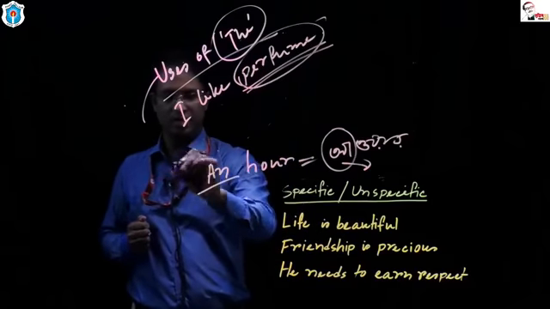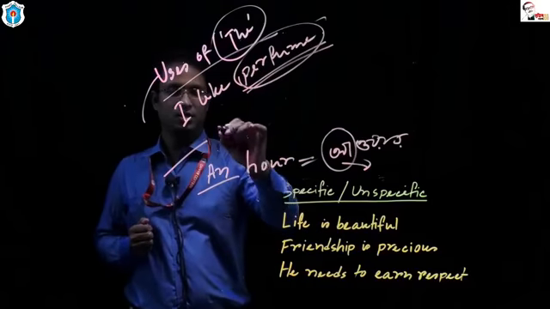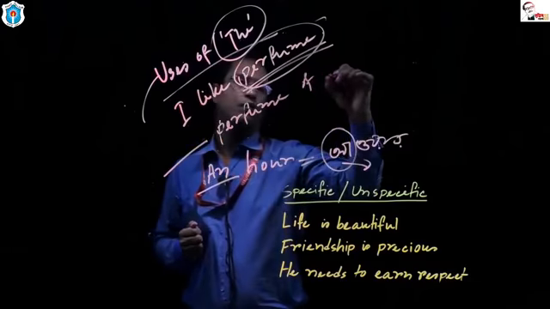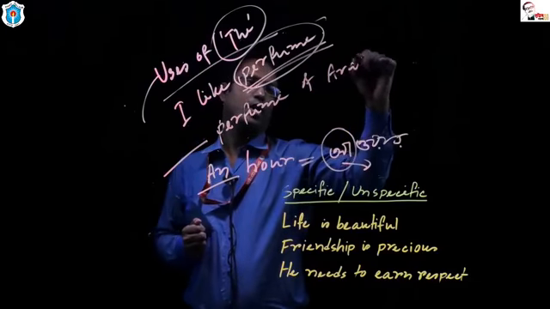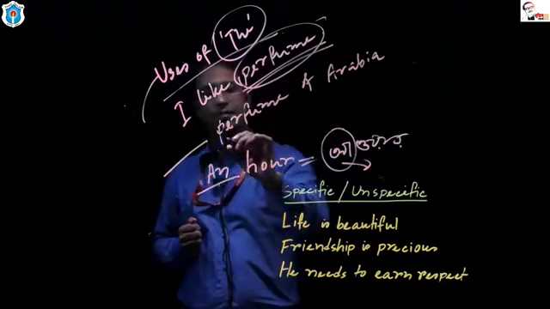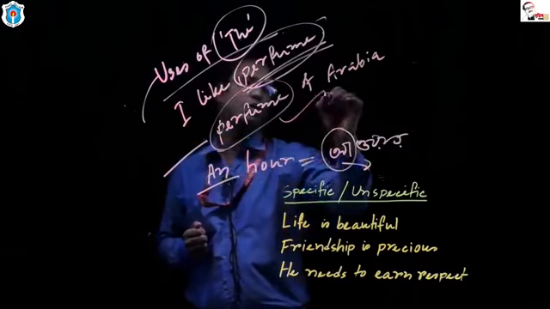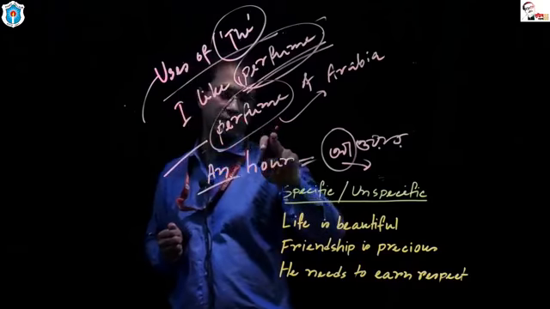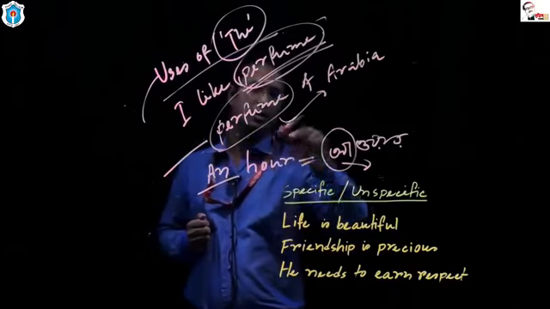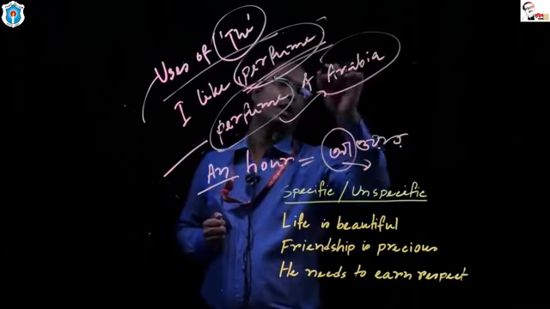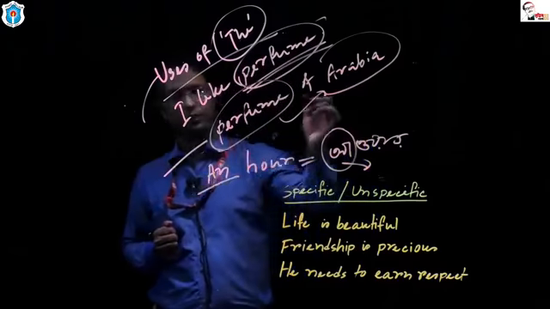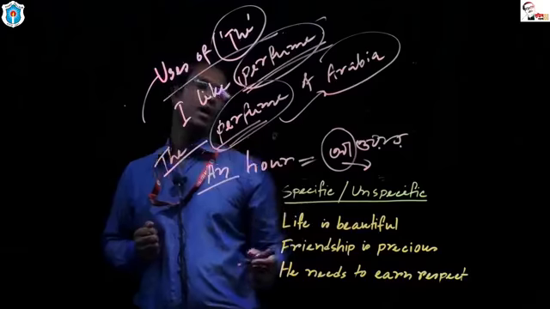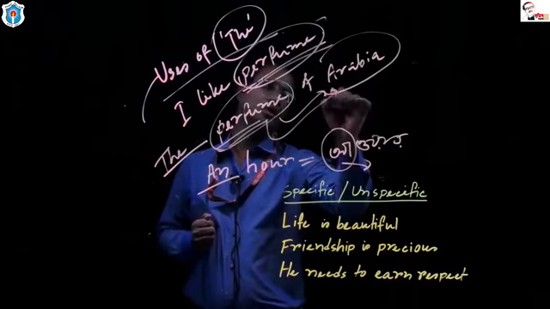But if I tell dash perfume of Arabia, then this perfume becomes specific, because this perfume is not French, this perfume is not English, this perfume is not South African, this perfume is Arabian, it's from Arab. That's why we will use here the, because this perfume has been specified by this word Arabia.